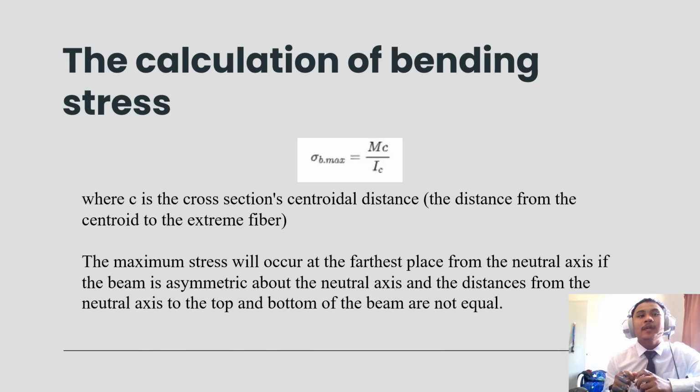Next, we can calculate using this formula. Basically, C is the cross-section centroid distance, so the distance from the centroid to the extreme fiber. The maximum stress will occur at the farthest place from the neutral axis if the beam is asymmetric about the neutral axis and the distances from the neutral axis to the top and bottom of the beam are not equal.